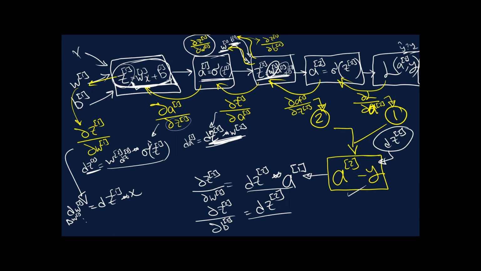Similarly, we would have db1, which is dz1 multiplied by 1, because the derivative of that with respect to bias is just 1. That's nice because right now we got the weights and biases of the two layers.